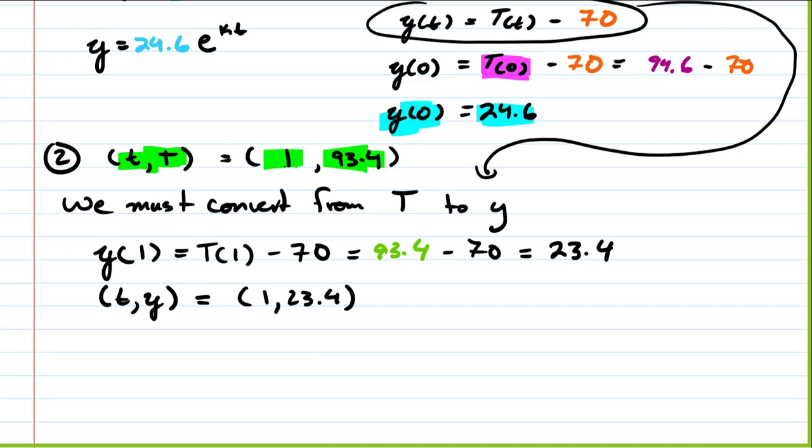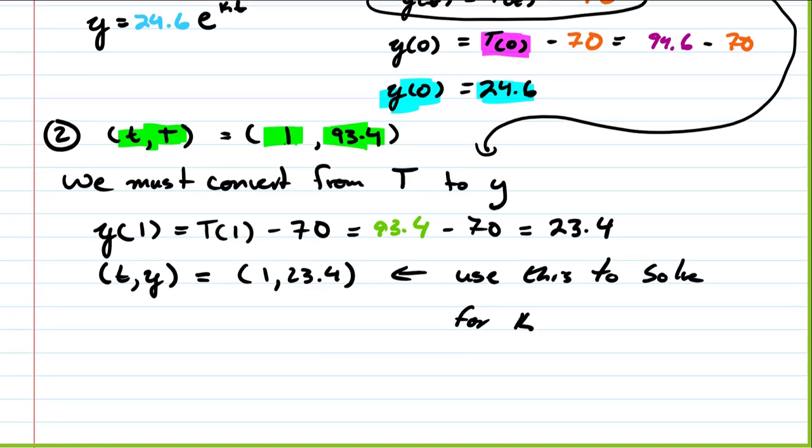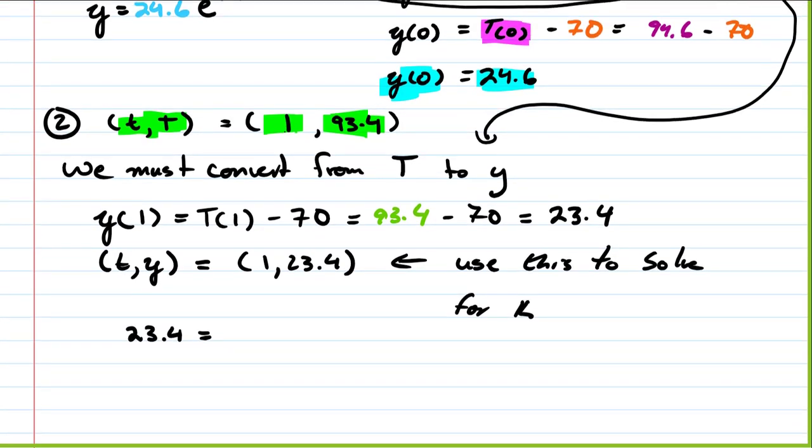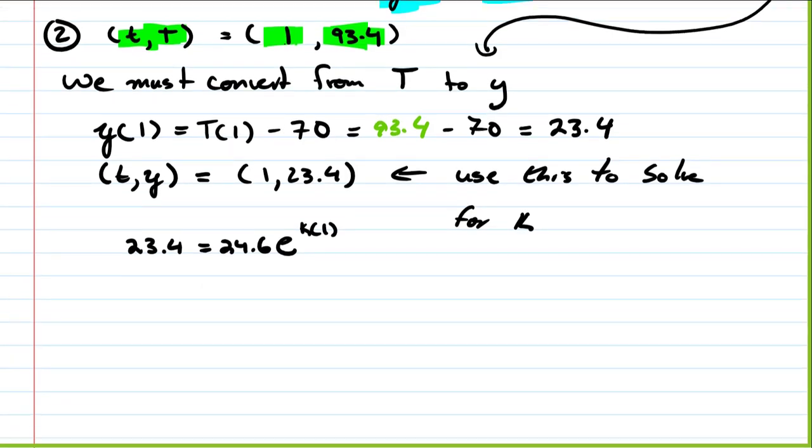We can use this ordered pair to solve for k. So we get 23.4 is equal to 24.6 times e to the k times 1.